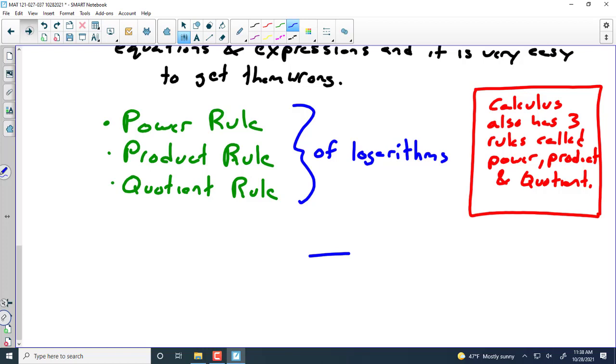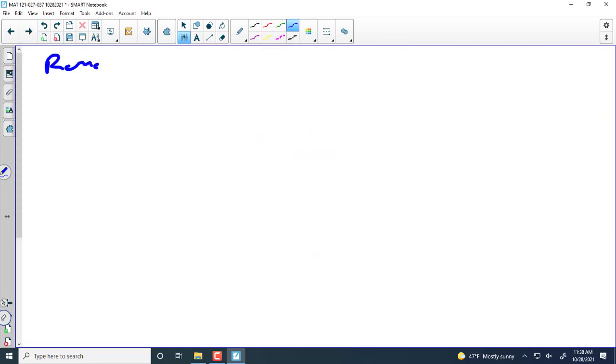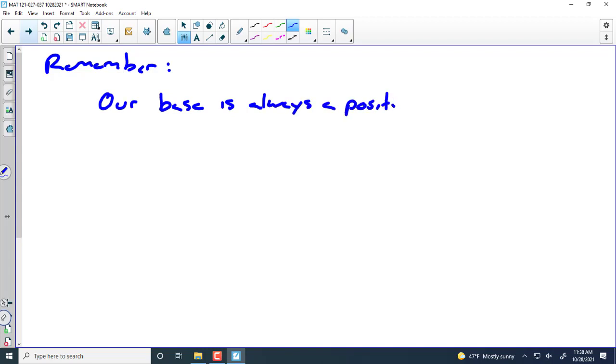All right, remember, for these rules to work, we need to remember a couple things. Our base is always a positive number not equal to 1.